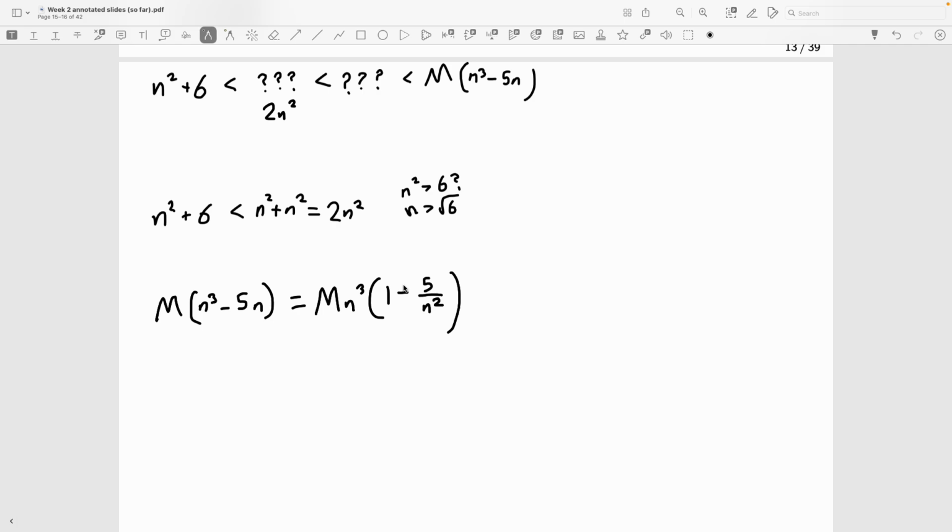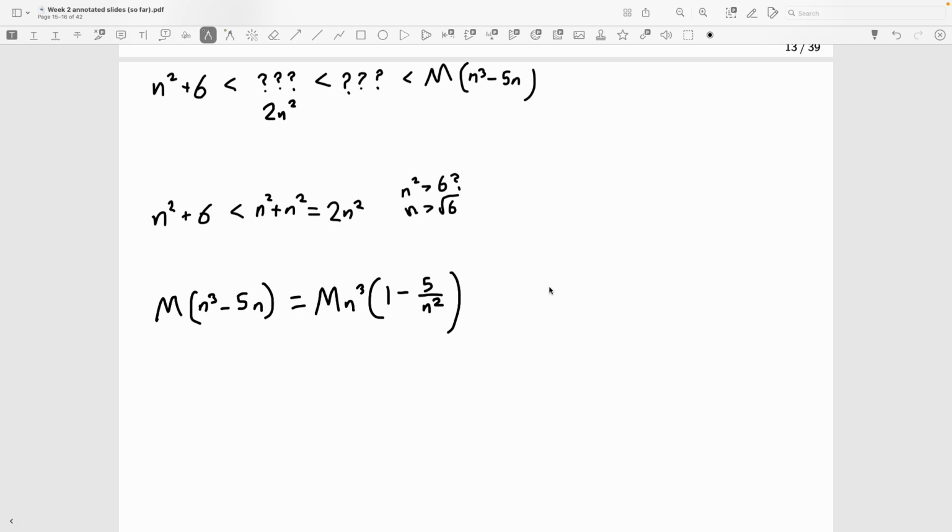So we want to find such a bound that makes 1 minus 5 over n squared equal to some constant. My best guess is that 1/2 is a really convenient number to subtract from 1 because you get 1/2 from that.